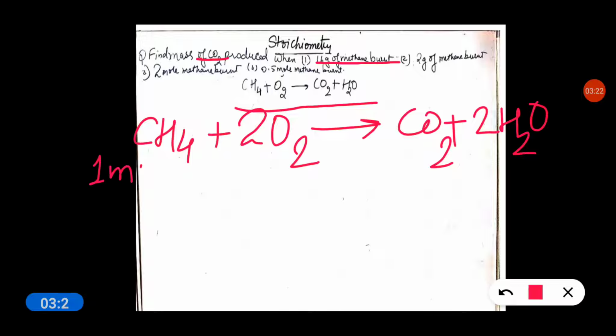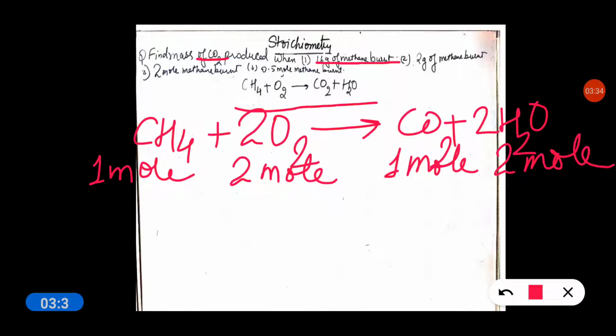1 mole of methane when reacting with 2 mole of O2 gives 1 mole of CO2 and 2 mole of water. In grams, calculate the mass of CH4: 16 gram of methane reacts with oxygen of mass 16 into 2, that is 32, into 2, 64 gram of oxygen.